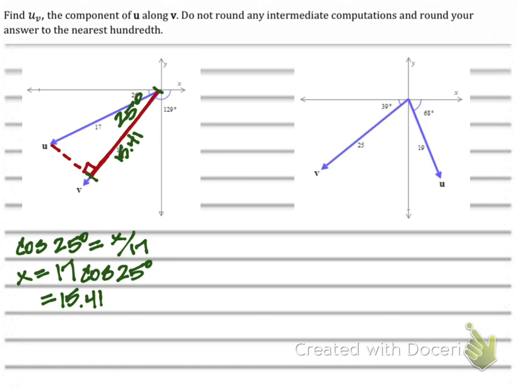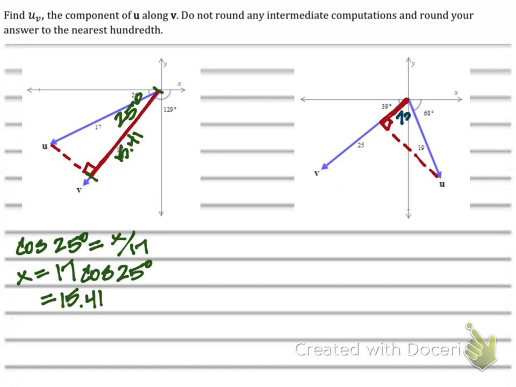On the next one, again, we have an acute angle between, and we're talking about the projection of u on, not the projection, excuse me, the component of u along v. So we need to drop a perpendicular from u onto v. And what we're finding is just this little piece. We know the magnitude of u is 19, and we've got to find that angle in there. So it's going to be 180 minus 68 minus 39, right?